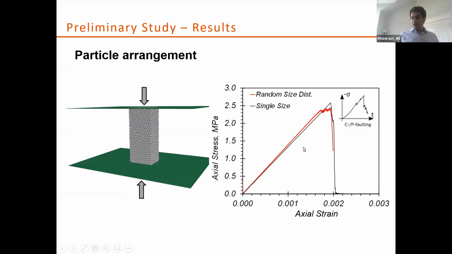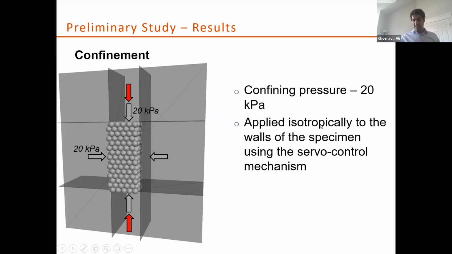Here you can see the results, in comparison with the single size case, in terms of axial stress versus axial strain. You can see changing the arrangement of the particles is going to change the response. First of all, for the random size distribution case, we are going to have lower strength, and also the behavior is going to be more toward CP faulting rather than brittle behavior, axial brittle behavior.